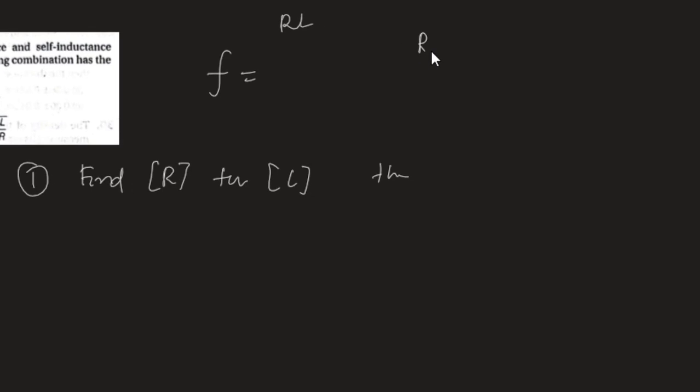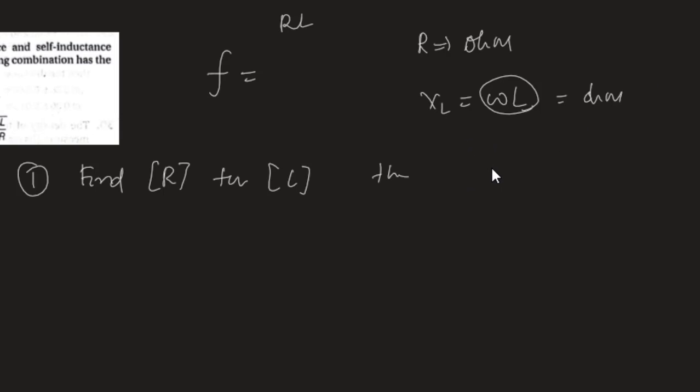So we know R has the unit of ohm. Also, we can write the reactance X_L, the reactance due to an inductor, as omega L. Here omega is the angular frequency, L is inductance, and this reactance has the unit of ohm.